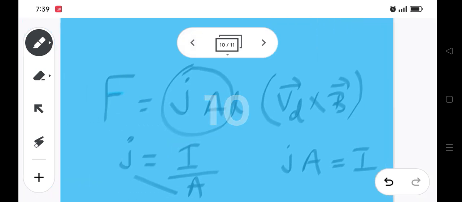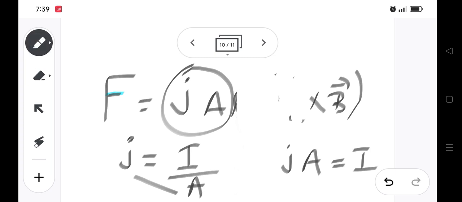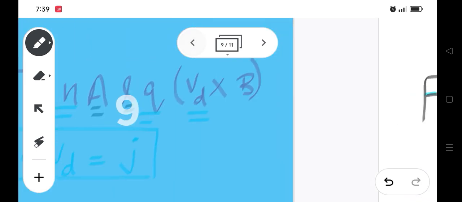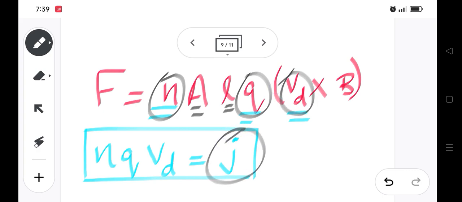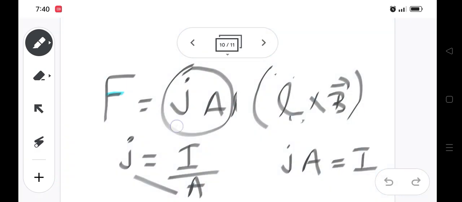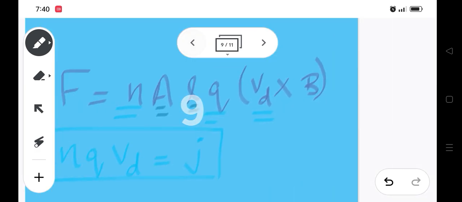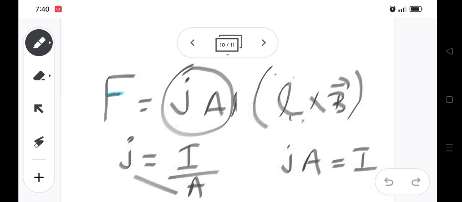So F equals I, then one more thing. This QVd we had already done. So what remains? L cross B remains. Because we took nQVd equal to J, and replaced it with J, then A and L remain.